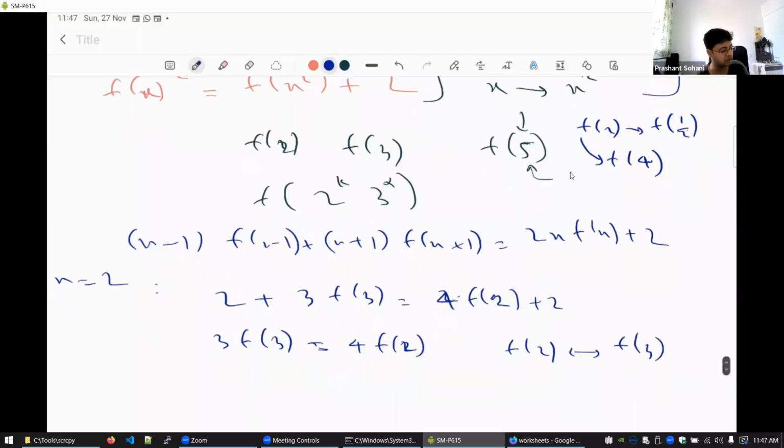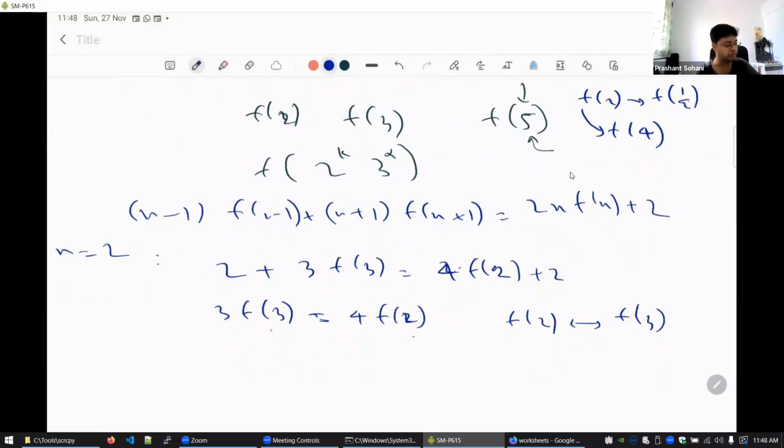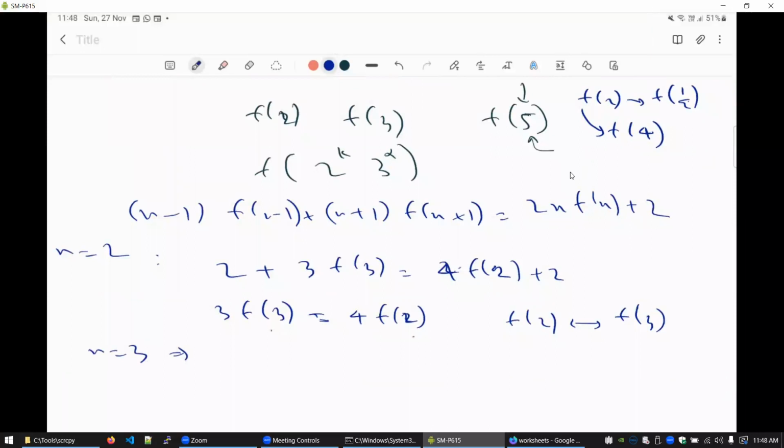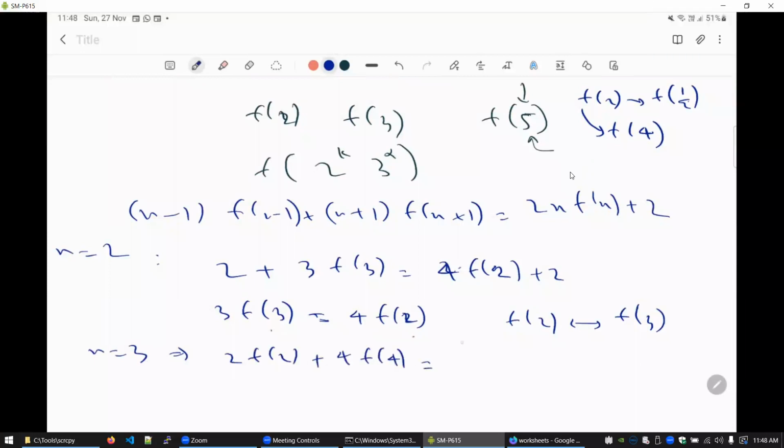So do you see how to achieve that now? Sir, x equal to 3. Exactly. So the first application related f of 2 with f of 3. The second application will relate f of 3 and f of 4, right? So with x equal to 3, what will we get?